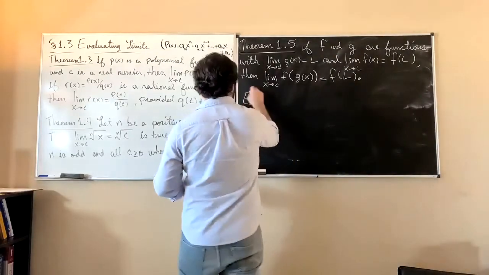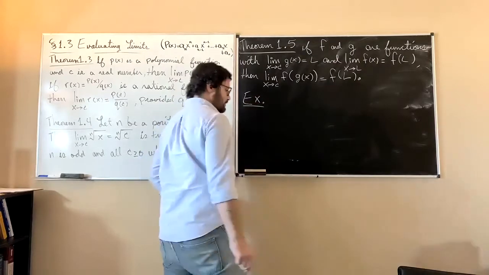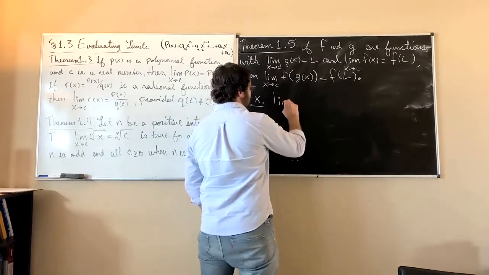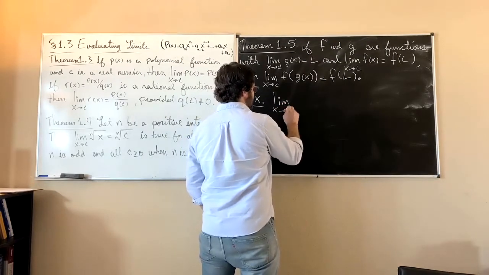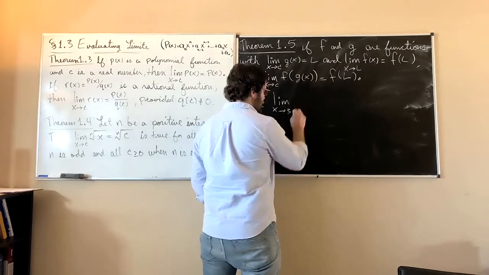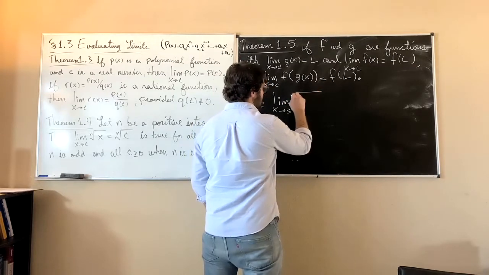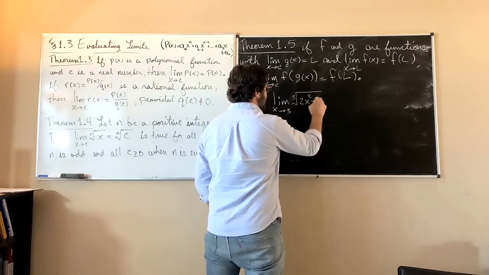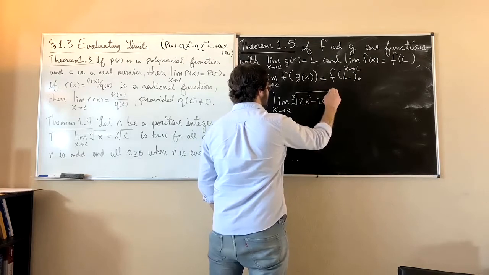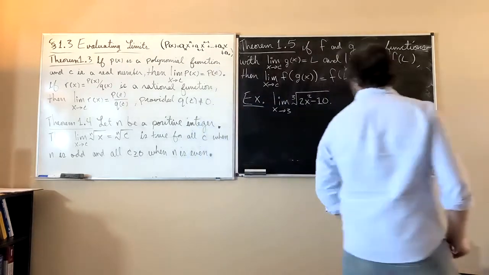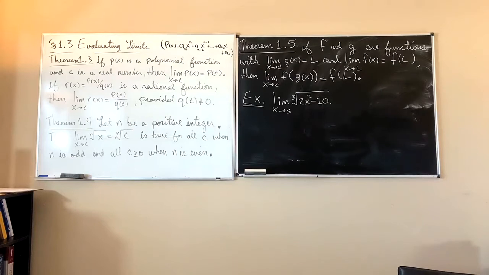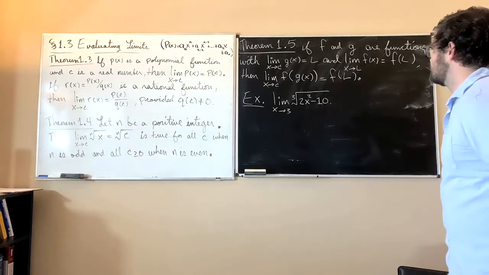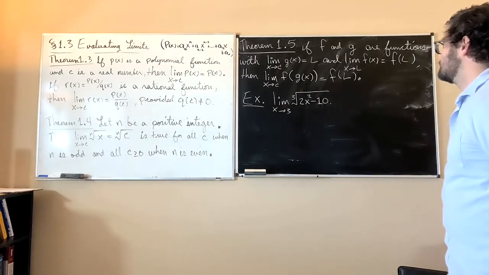So let's look at an example. Say, let's look at the limit as x approaches 3 of the cube root of 2x squared minus 10. So what can we do here?